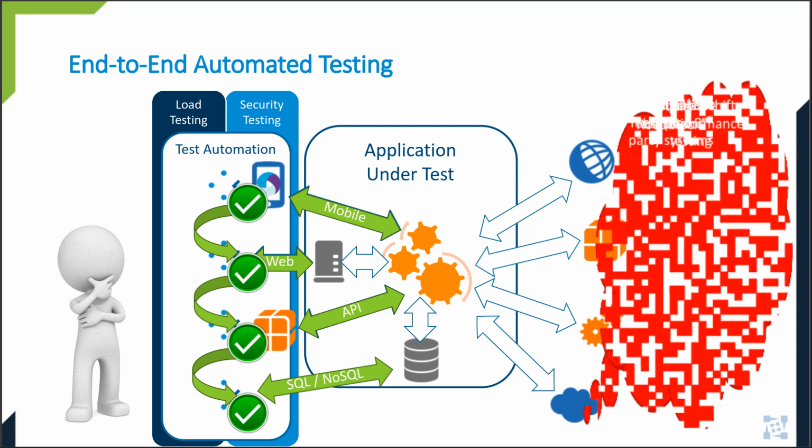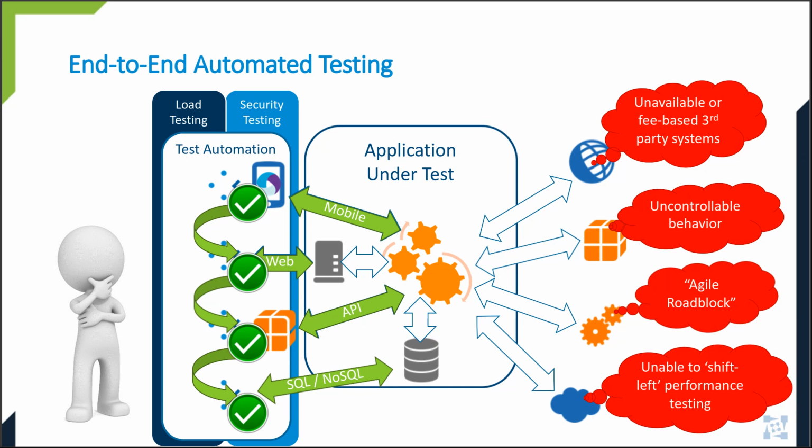So the kind of challenges we're going to run into on those back ends: we're going to have systems which are third parties, which potentially are pay per play. Maybe you're leveraging some infrastructure from a credit processing agency, for example, and they have a shared test environment where you have access only during certain time windows.